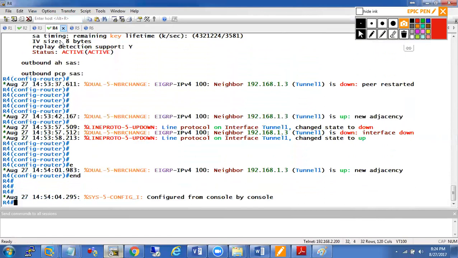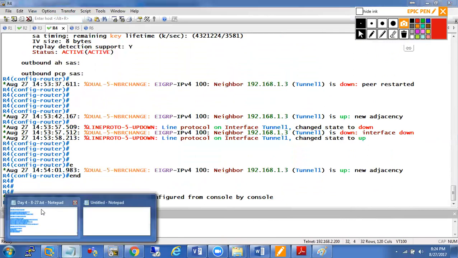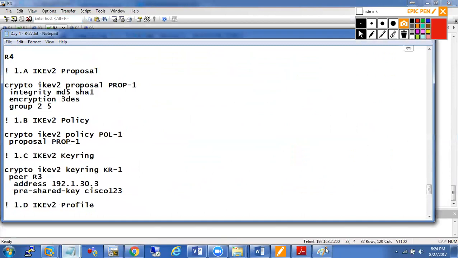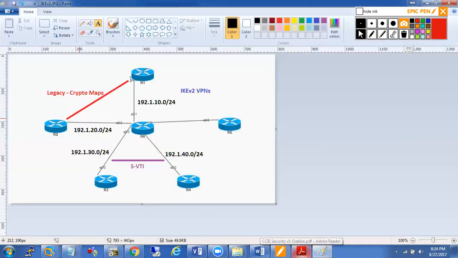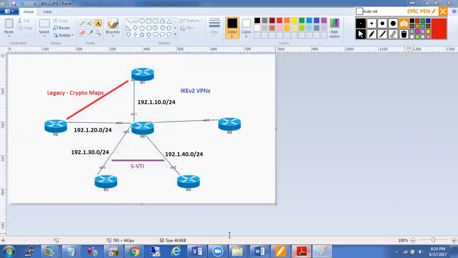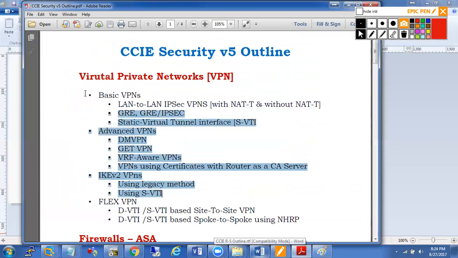All right. So this is your IPsec both ways. We did legacy crypto maps and SVTI. Both are taken care of. Save this. Let's go back over here, and this is what we've done.